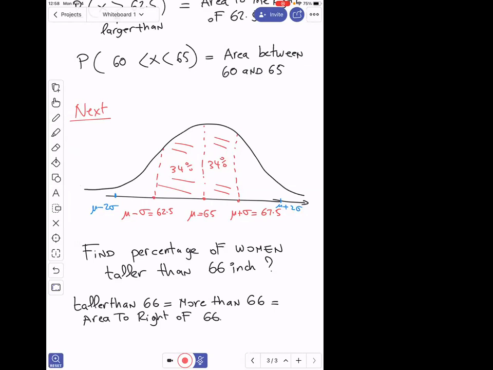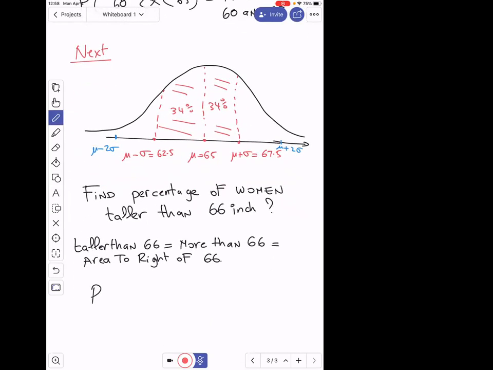Now, for notation, that would be the probability that the height X is more than, so it's larger than, X larger than 66. This is the symbol for larger than, or more than. Anyway, so now where is my 66 inches?